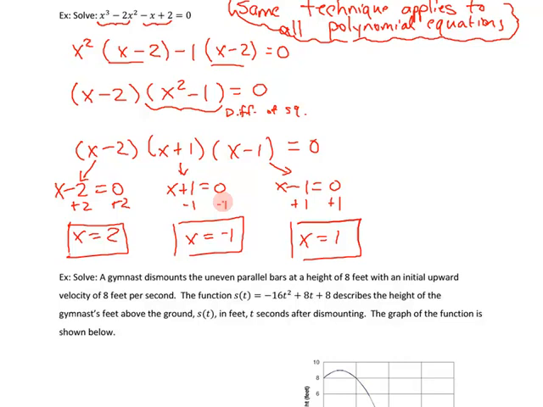It's not always going to be that a cubic or a power 3 polynomial has three solutions, but what you can say is that's the most number of solutions that it can have. A quadratic equation will have at most two. This cubic equation could have no more than three solutions. But this is how we would find it. We just get it equal to 0, factor, and set each factor equal to 0 and solve.